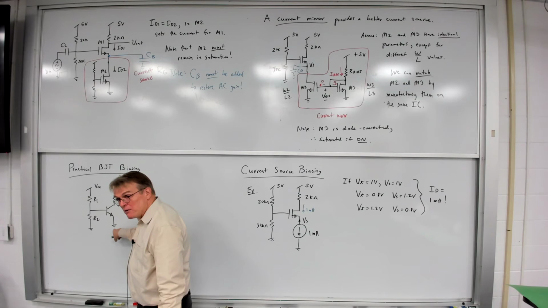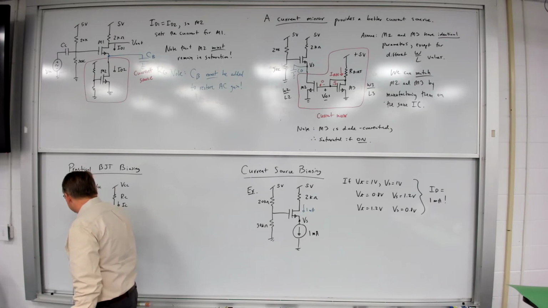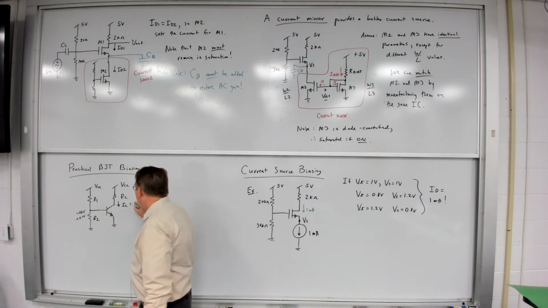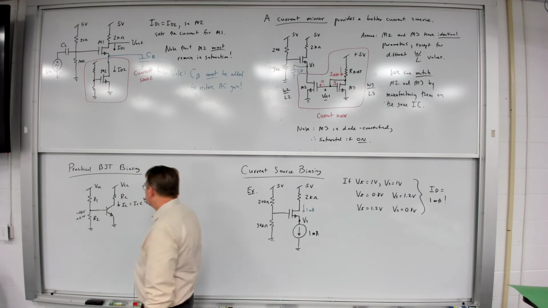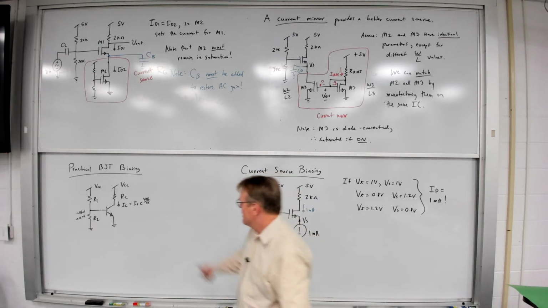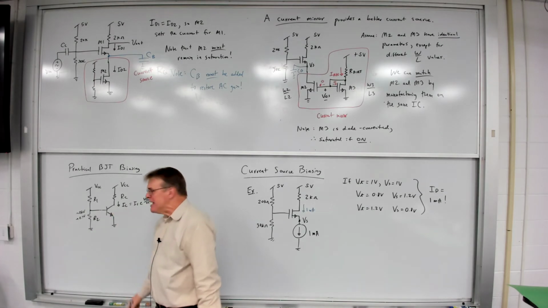If the emitter is grounded, then the base has to be somewhere between, say, 0.6 volts to 0.7 volts. Except there's only one little problem. IC is equal to IS e to the VBE over VT, the thermal voltage. I've got an exponential relationship between IC and VBE.